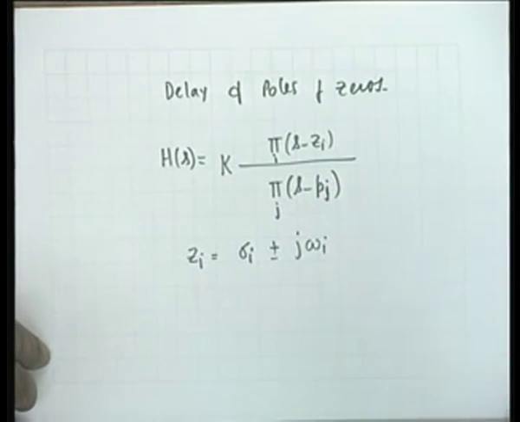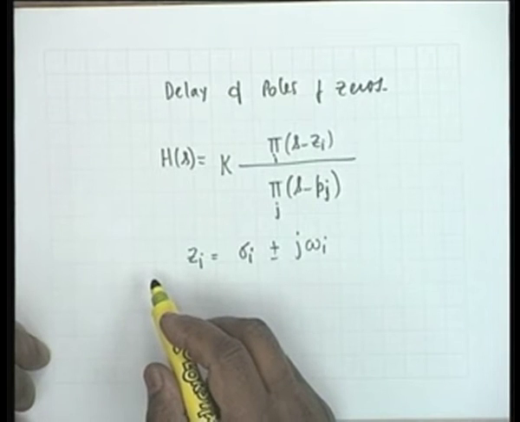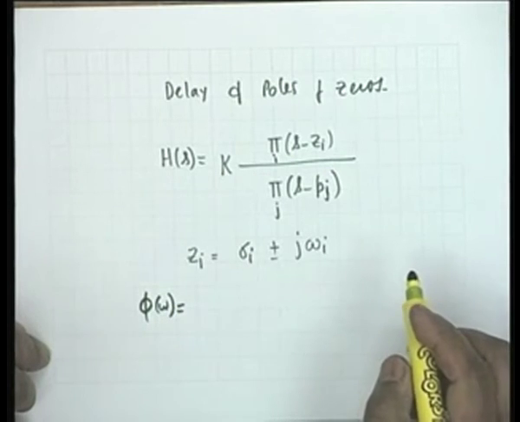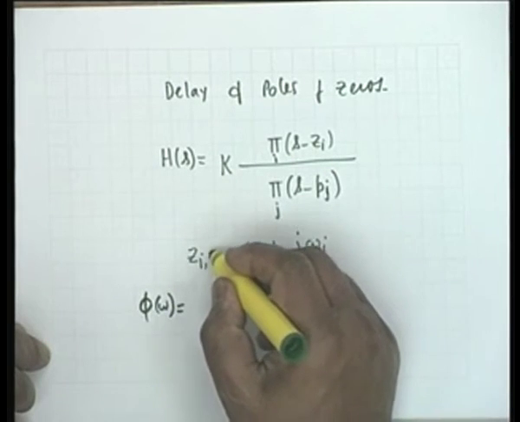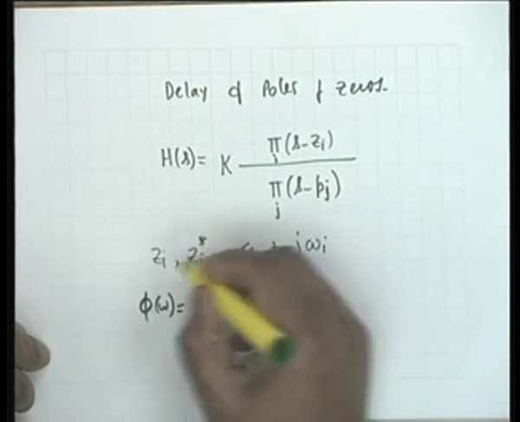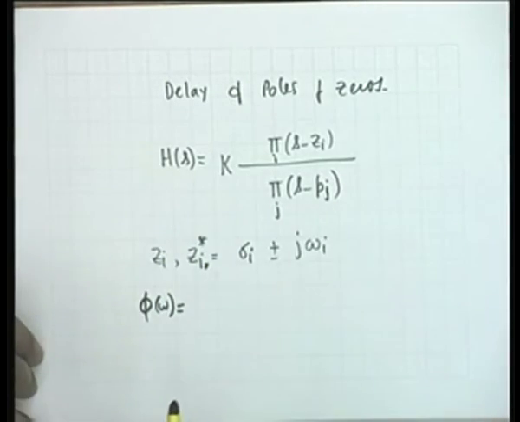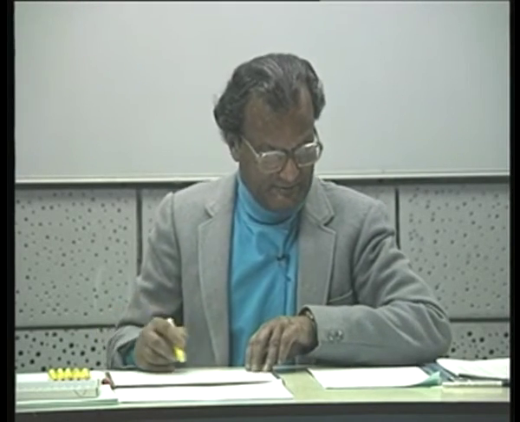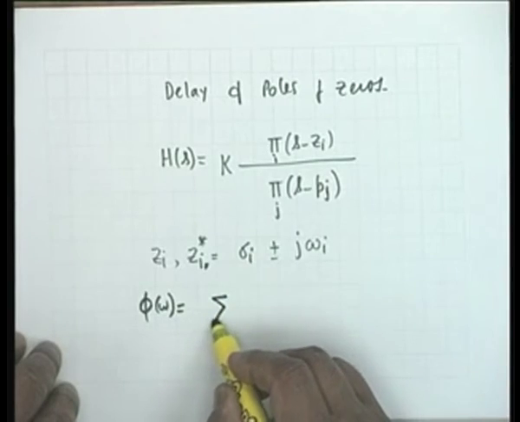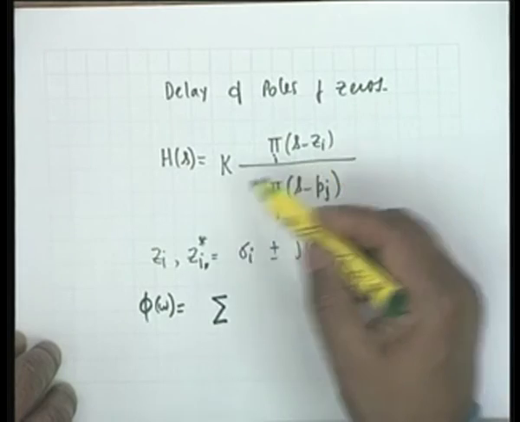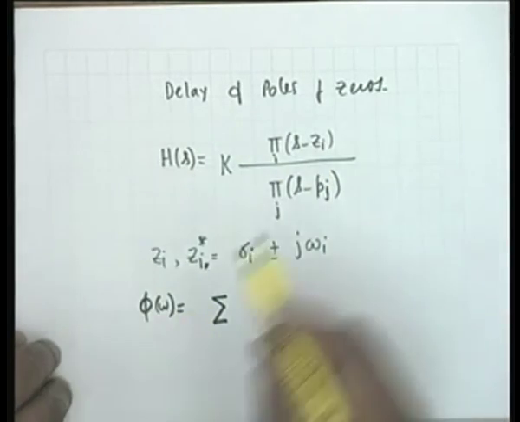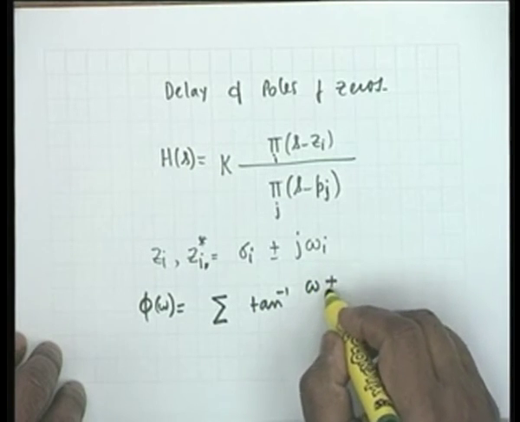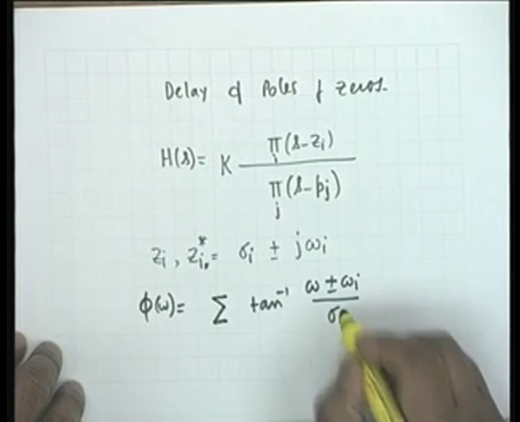Then you notice that the phase shall be phi(omega). This is not z_i star, because we are considering real networks. If there is a complex pole, its conjugate must also occur, and phi(omega) you can easily see would be of the form of the angle of the numerator. K does not contribute to phi. The angle of the numerator will be tan inverse of (omega plus minus omega_i) divided by sigma_i.